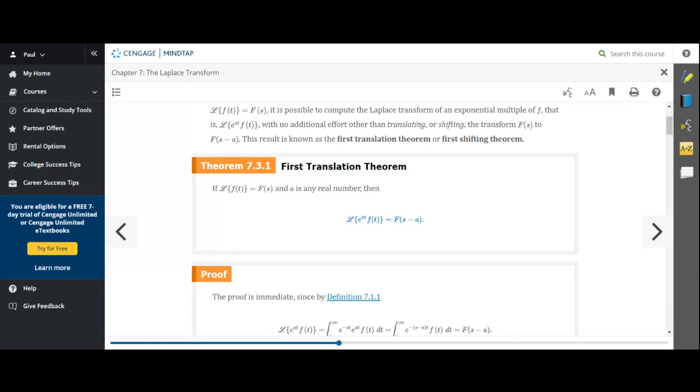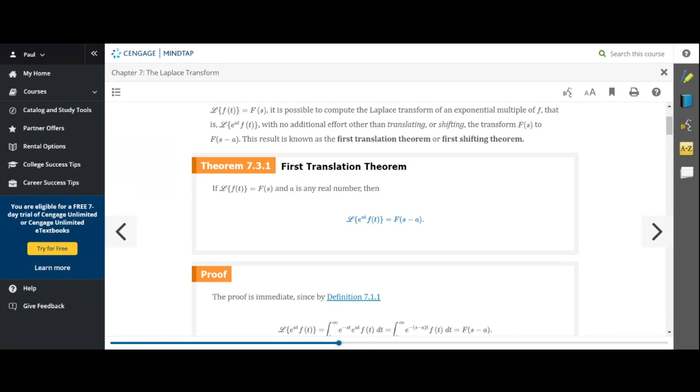We had an example last time where we had a second order differential equation, and we took the Laplace transform of both sides of that equation, worked out those Laplace transforms, and then took the inverse Laplace transform at the end so that we could get the solution to that differential equation.